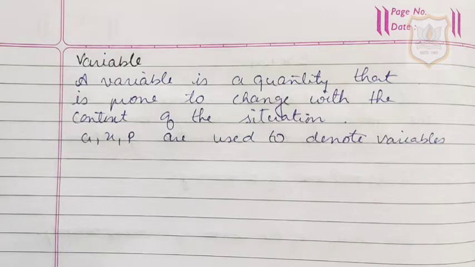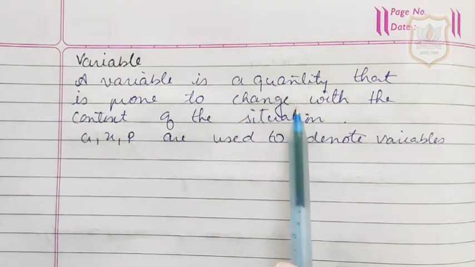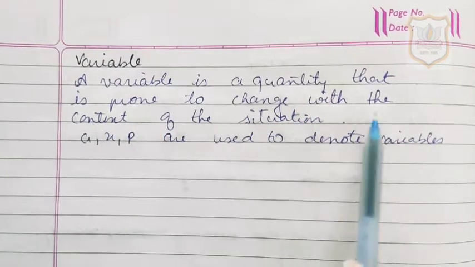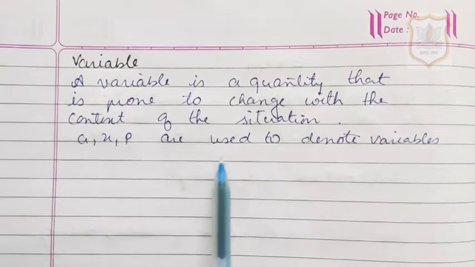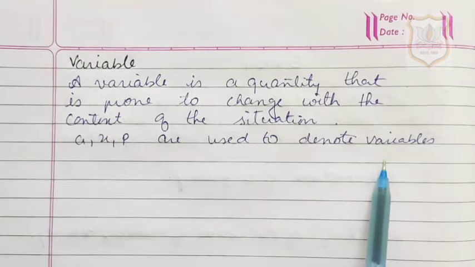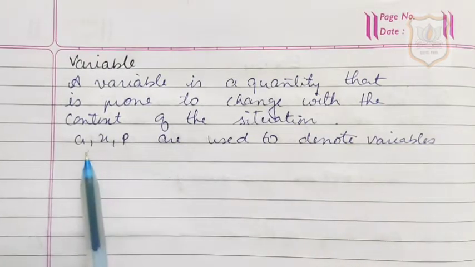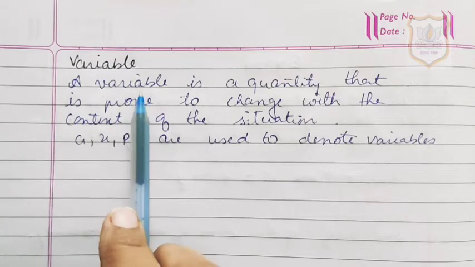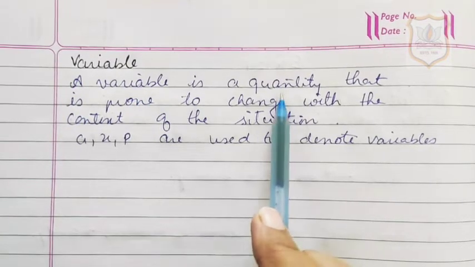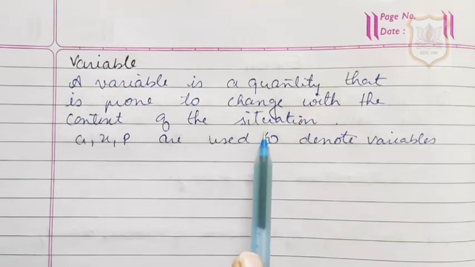Now students, what is a variable? A variable is a quantity that is prone to change with the context of the situation. a, x, p are used to denote variables. Students, here in the term, the alphabets which are written are called the variables, and a variable is a quantity which can change according to the situation.